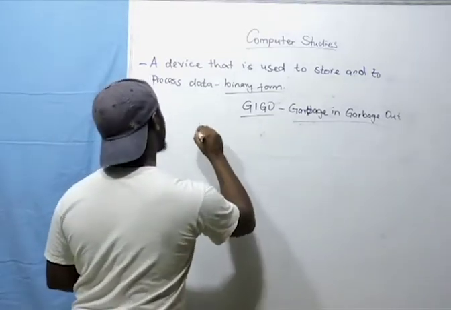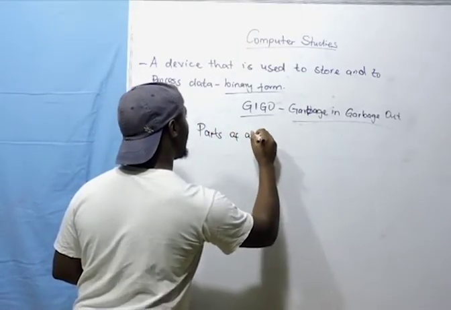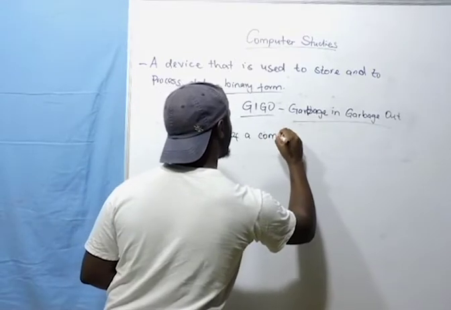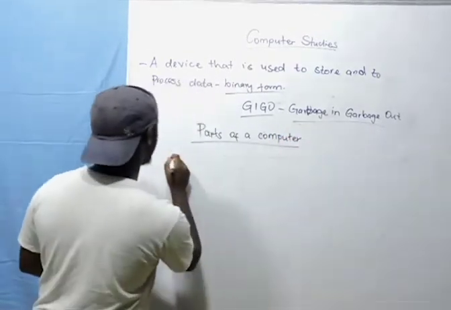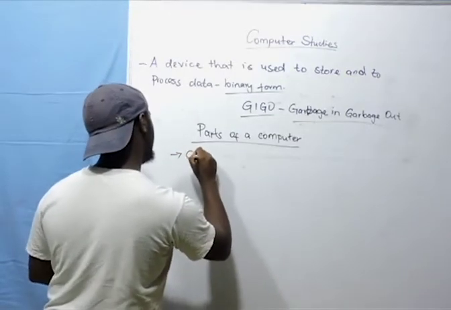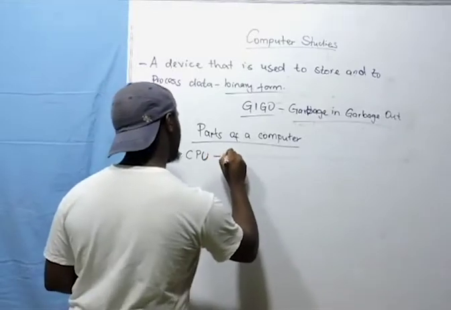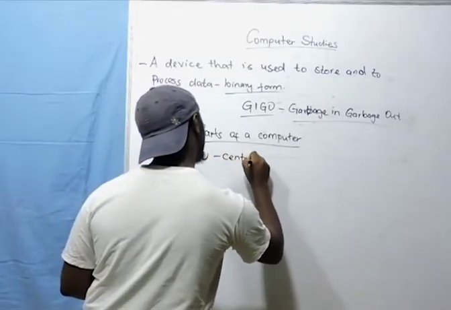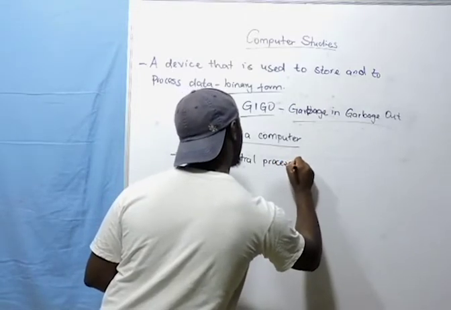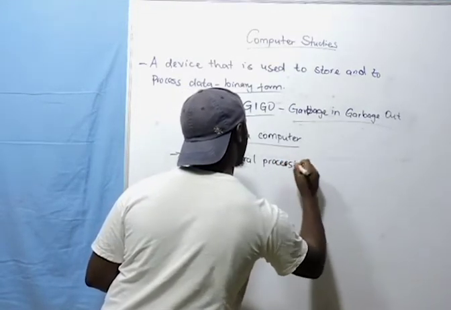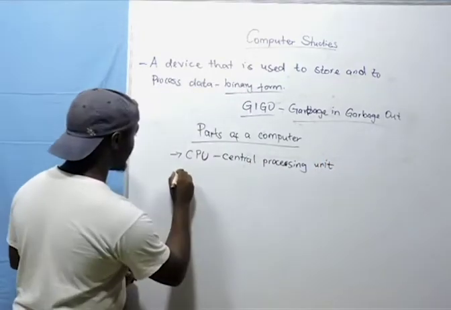So, looking at parts of a computer, what makes up a computer? We have the CPU, which is the central processing unit. This is where all the magic happens with the computer.